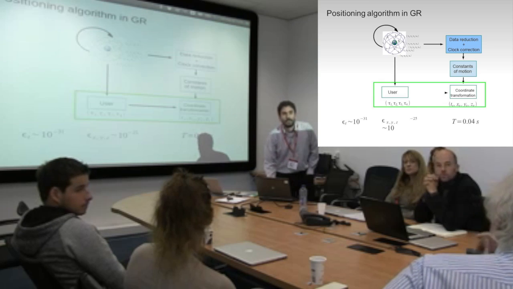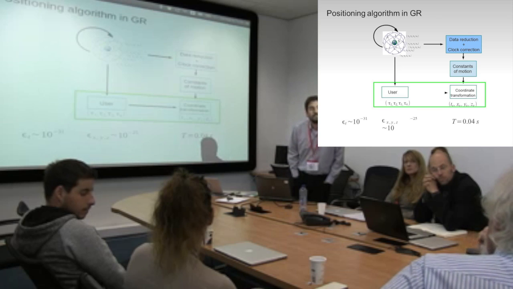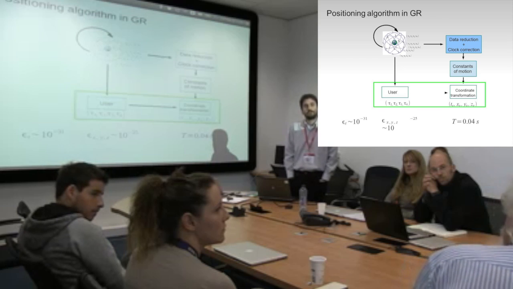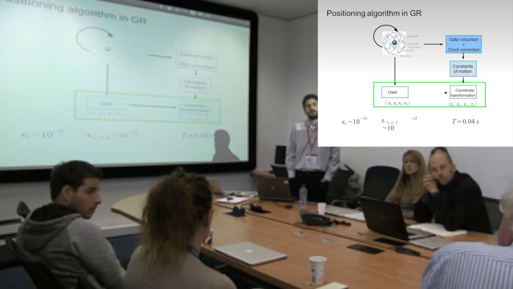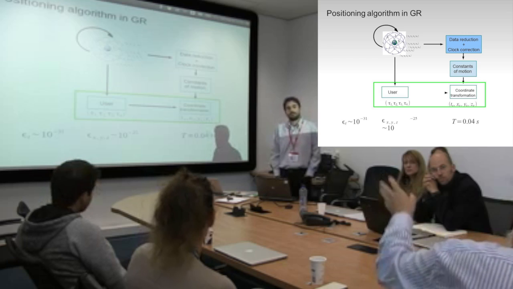Uros, yeah. Just a quick one. The user only has one input in practice, which is your GNSS receiver. That's the signal in space coming from the GNSS satellite constellation. So you have here two inputs.